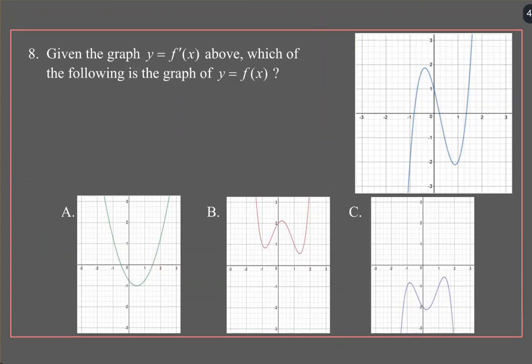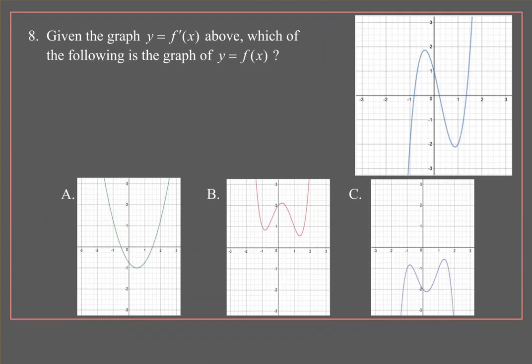Okay, so here, given the graph of f prime of x, and again, there would probably be y equals f prime of x up there. So the first thing I might do is actually just circle it before I start my problem. So this is f prime of x. So we have to work the other way around.